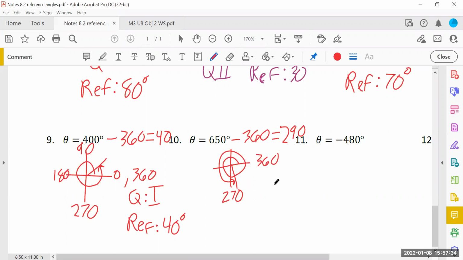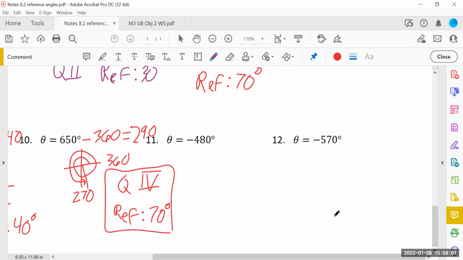So here, my quadrant, I'm in quadrant 4. 1, 2, 3, 4. And then my reference angle, that 290, I need to know how much farther do I need to go from 290 to get to 360. So 360 minus the 290 there is going to get me a reference angle of 70 degrees.